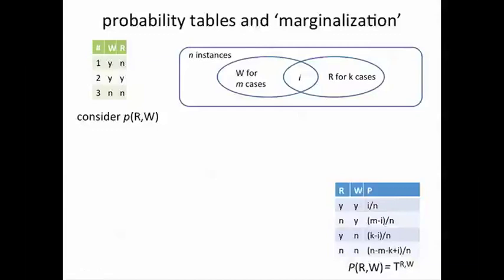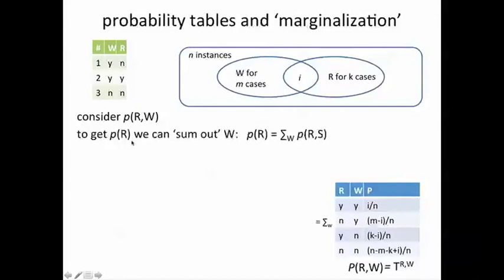Now, suppose one wanted to find out the probability that it rained or didn't rain. Well, one could simply do that from the data directly by simply adding up all the cases where it rained and dividing by the total. Similarly, adding up all the cases where it didn't rain and dividing by the total.